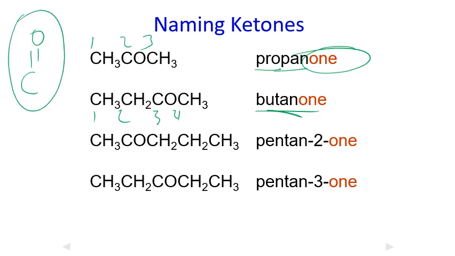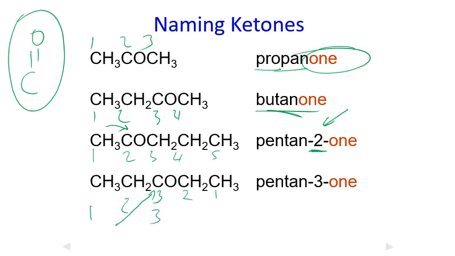Okay, so the longest chain here is going to be 1, 2, 3, 4, 5, but you'll notice that the carbon with the carbonyl is the second carbon, the smallest number again, so we have pentan-2-one, whereas in this example, even if we went back the other way, the carbon is on the double bond either way, so either 1, 2, 3 or 1, 2, 3, it won't make a difference.